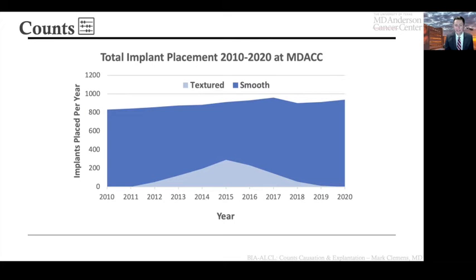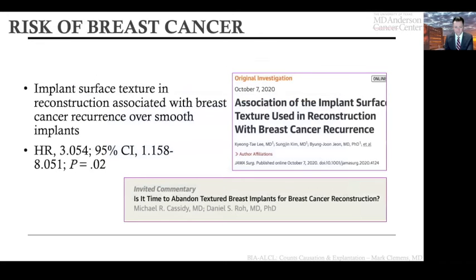However, with the increasing risk of lymphoma associated with textured surface devices, they have completely dropped out from all usage within the United States. We also see new studies, this one out of South Korea, demonstrating that a textured surface breast implant is also associated with a higher risk of breast cancer recurrence when compared to a smooth implant.